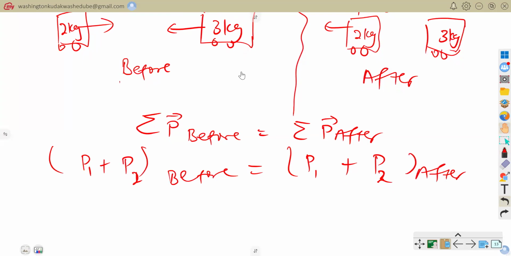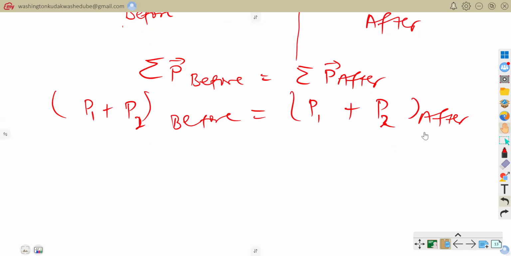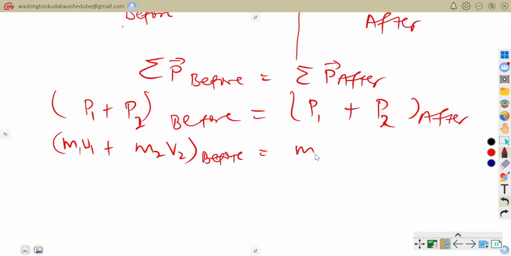And then I come and substitute the values that I know. That is to say, mass of object 1 and velocity of object 1, plus mass of object 2 and velocity of object 2, before, equals mass of object 1, velocity of object 1, plus mass of object 2, velocity of object 2, after.